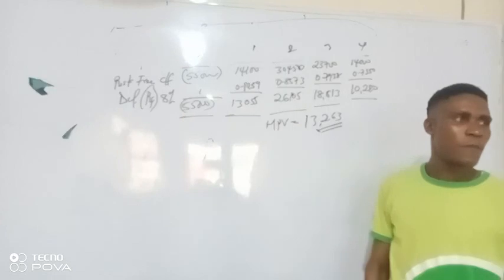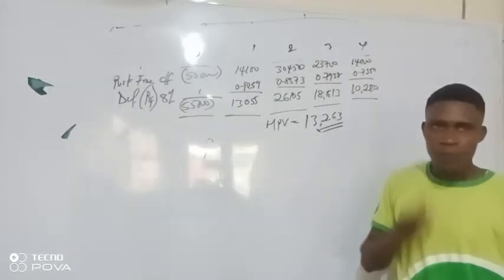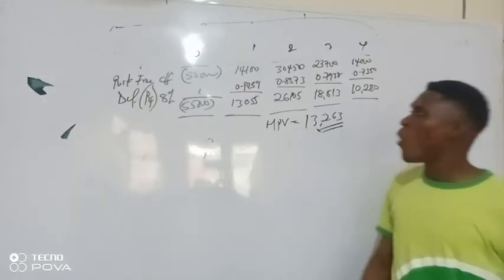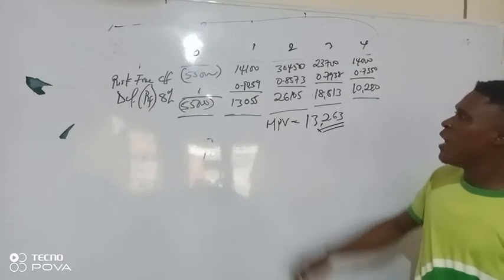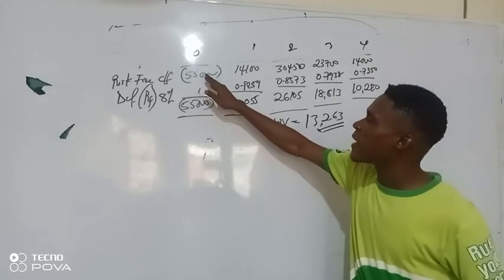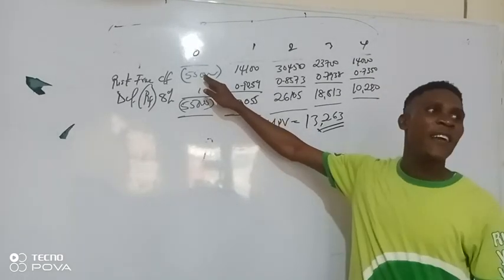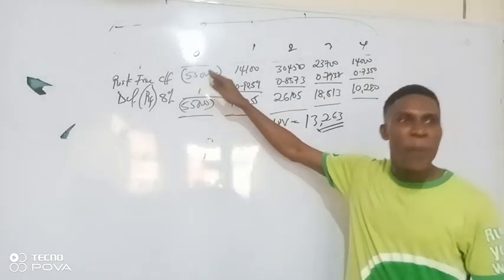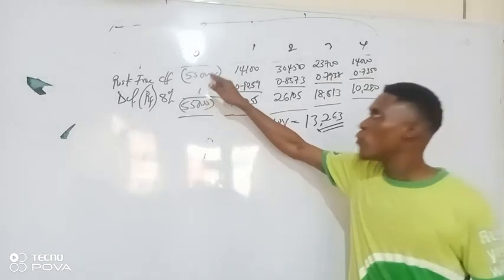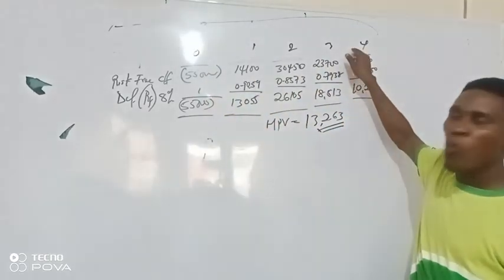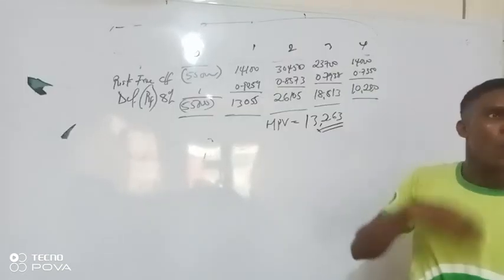Or you can say, what if we don't have money to pay for our investment now, and I will pay it in year 4? What will be the effect on this NPV?